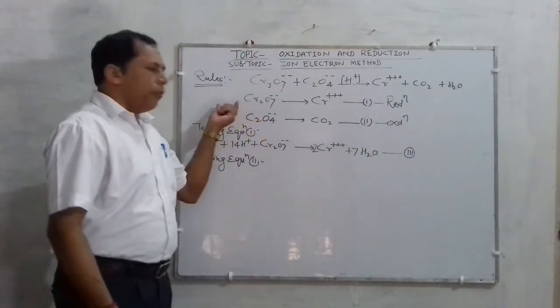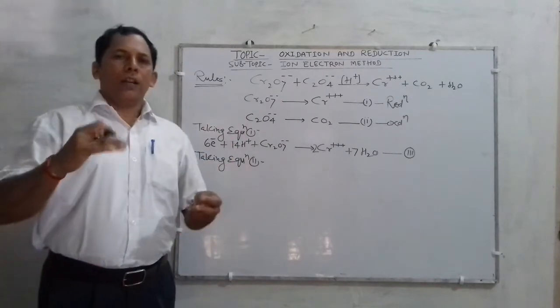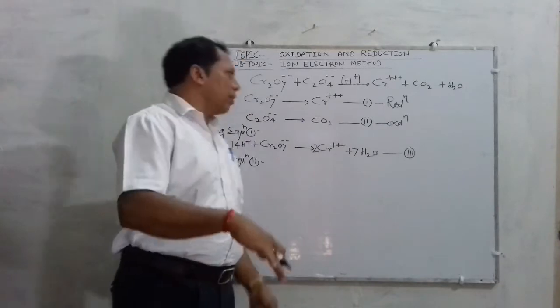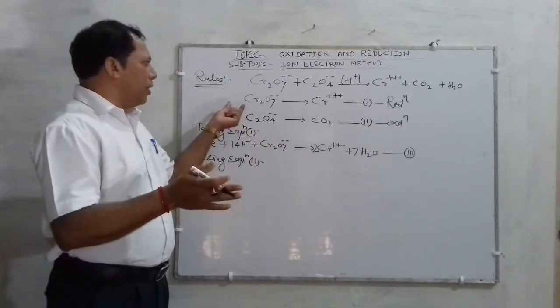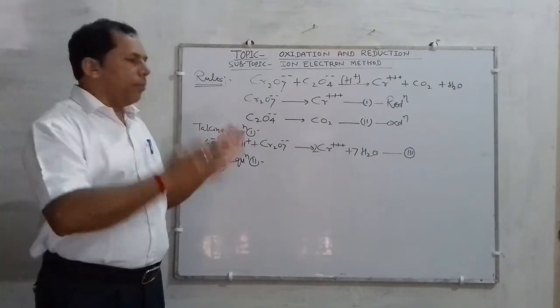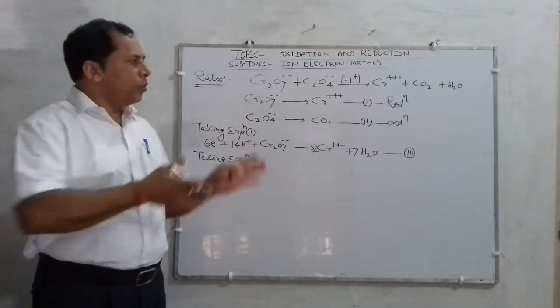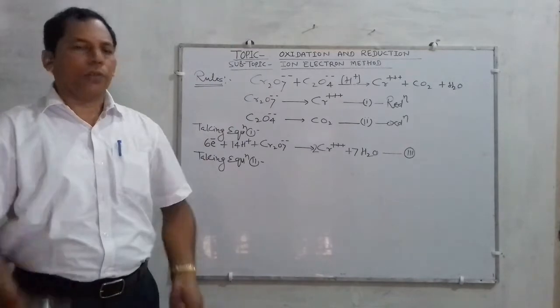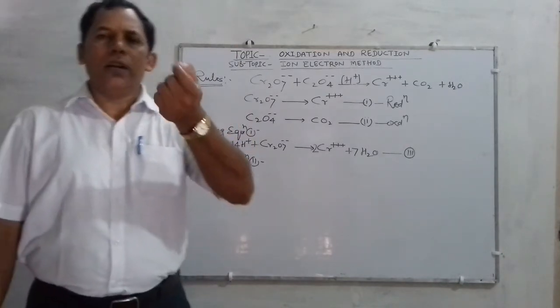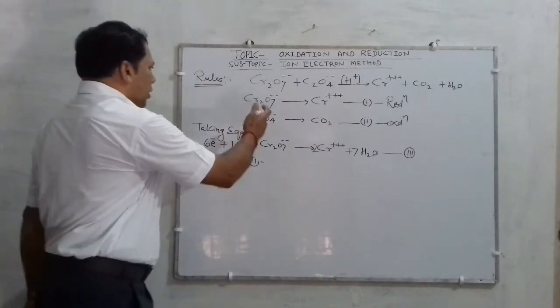In mathematics we add x plus y, or use differentiation or integration, but here in place of that we are just using the symbols of the elements and maintaining the charges. So mathematically it is very easy to understand.